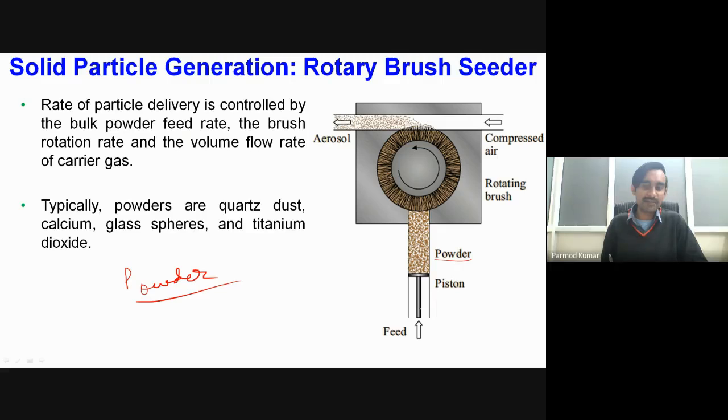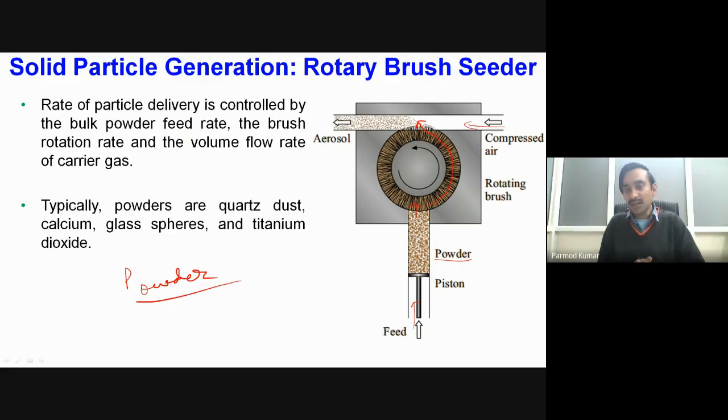The piston cylinder device provides the feed, feeding the solid particles to a device which has a rotating brush. This rotating brush takes some of the particles and continuously feeds them into our flow pipeline. From this side you can see the flow of compressed air.